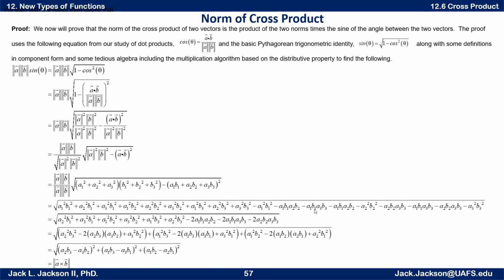There's one A1B1A3B3, and the matching one is right here. There it is. So there's two of those. And the last two would be this. Let's see. 2, 3. There it is, that one and that one. And those two match up to give us that one.